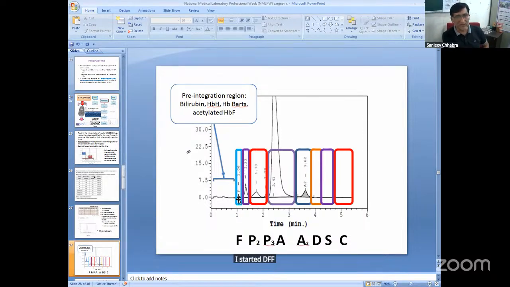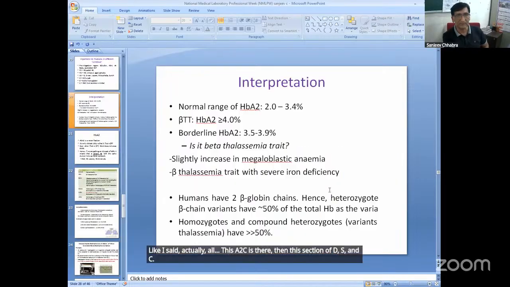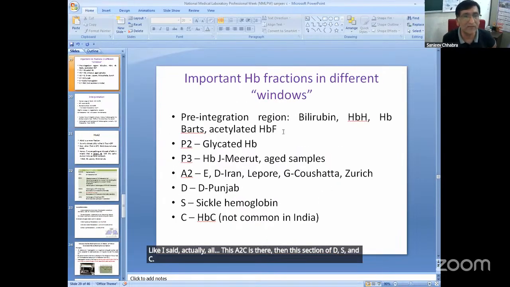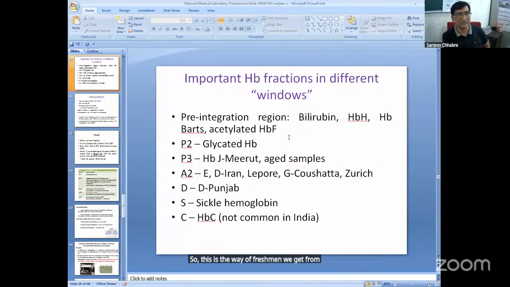After HbF there's P2, P3, then A0. Why call it A0? Because it's pure A without any post-translational modification. Then the A2 peak is there. Then this is the section of D, S, and C. So this is the fraction we get from HPLC. It gives us the abnormal hemoglobins, P2 for glycated hemoglobin, P3.